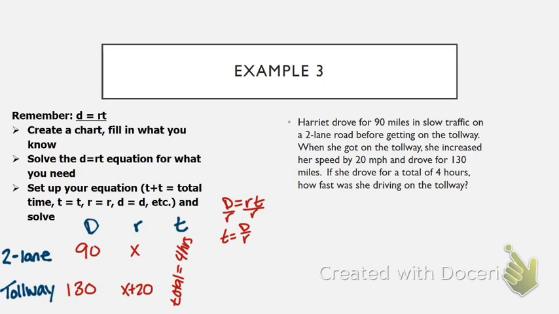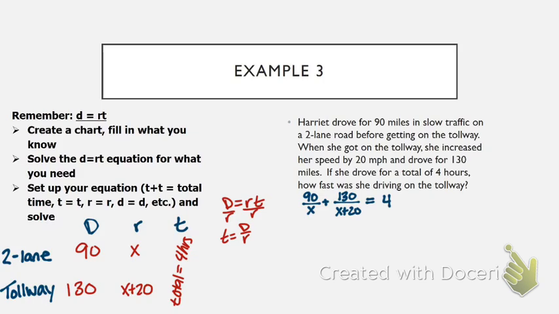If we take the 2-lane information, a distance of 90 miles divided by a rate of X, plus the tollway information, 130 miles over rate X plus 20, it equals our total time. And our total time here was 4.